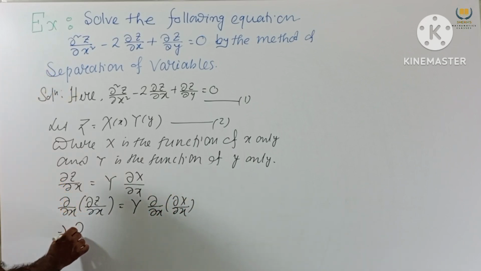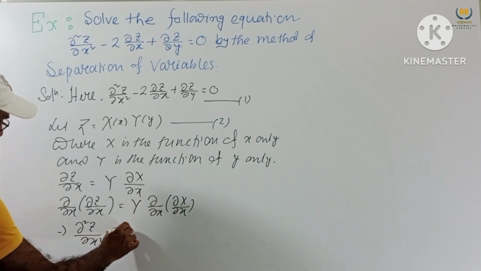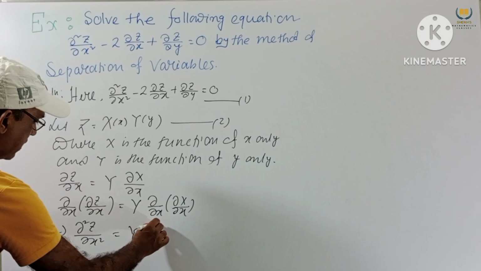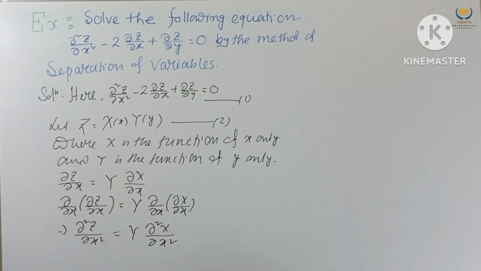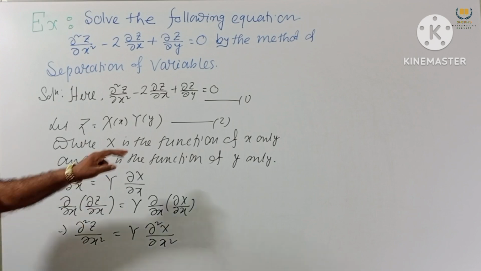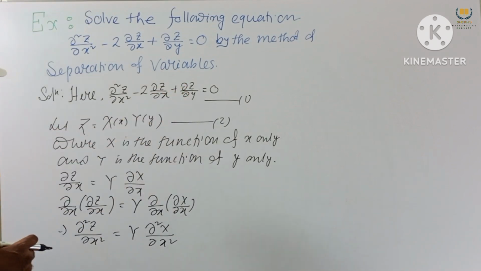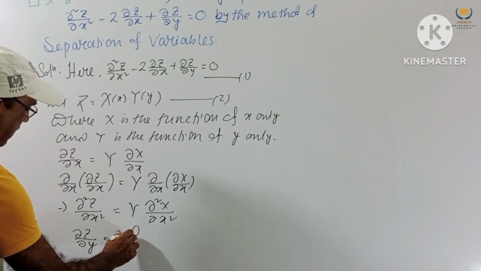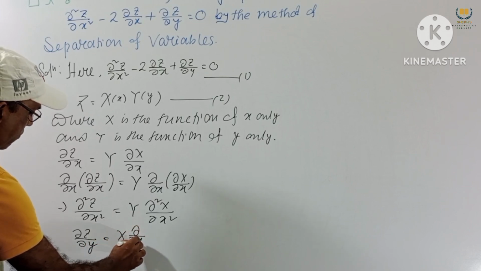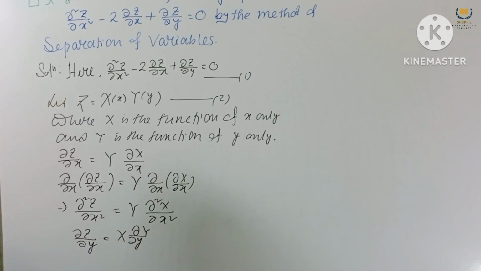So this will be del square z del x square equals Y del square X del x square. We get this one. Next, del z del y. We differentiate with respect to y. At that time x is constant, X del Y del y, this is capital Y.